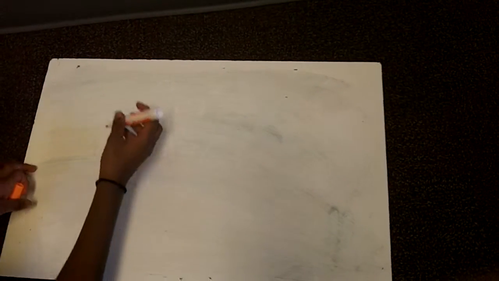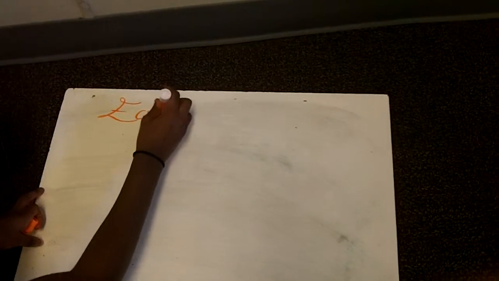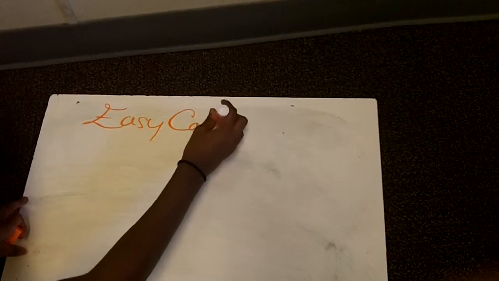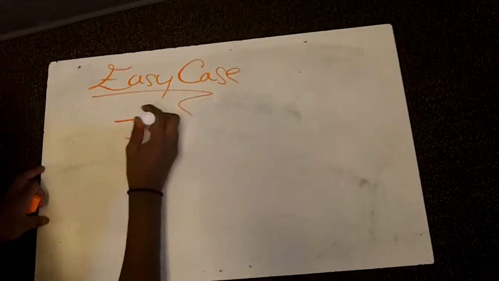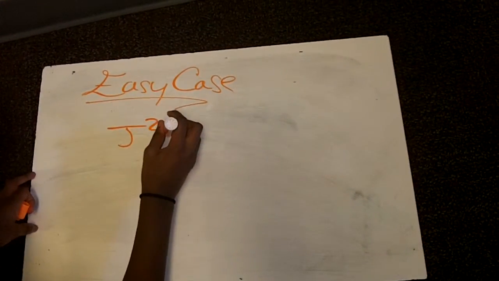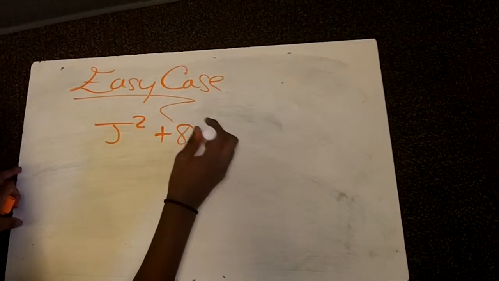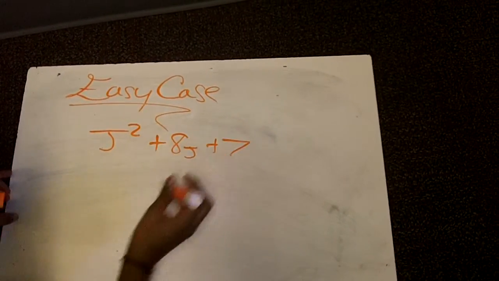The last one that I will be demonstrating is an easy case. The easy cases definitely took me a little bit longer to understand because they were kind of complicated at first. So, for this easy case, I'm going to do j to the second power plus 8j plus 7.